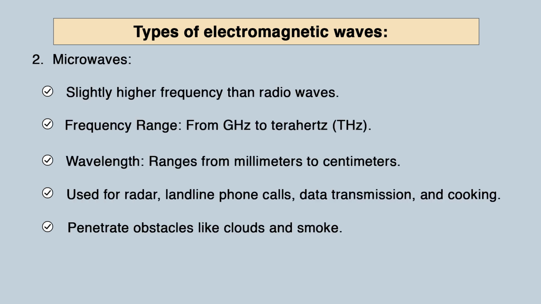Second are the microwaves, with slightly higher frequency than radio waves. Their frequency range belongs to gigahertz to terahertz, with wavelengths from millimeters to centimeters. Used in radar, air force and data transmission, and cooking. They also penetrate obstacles like clouds and smoke.